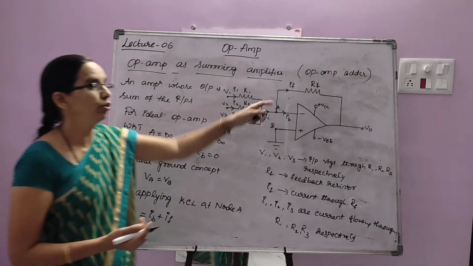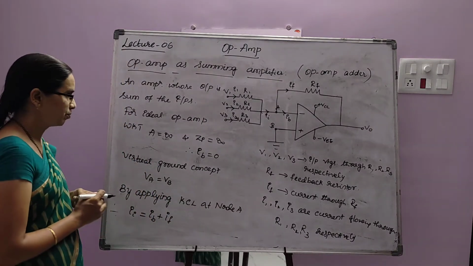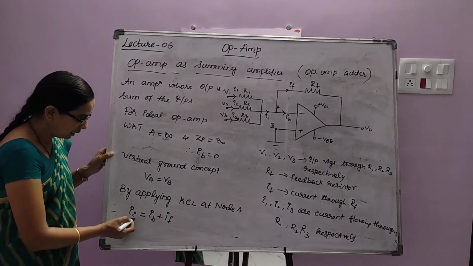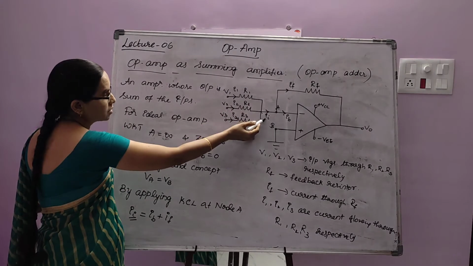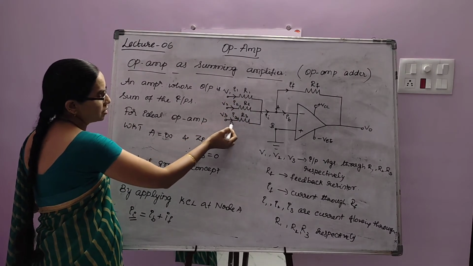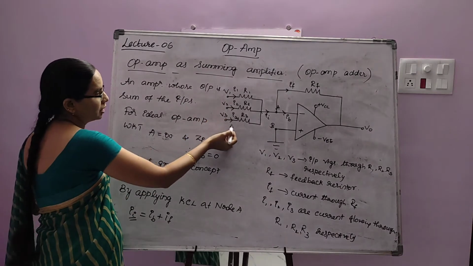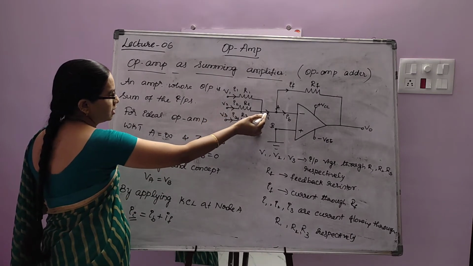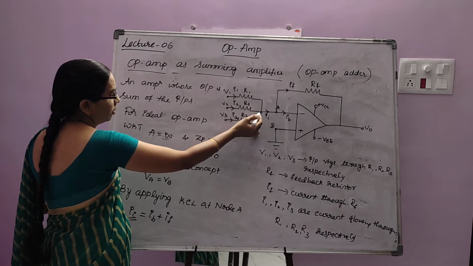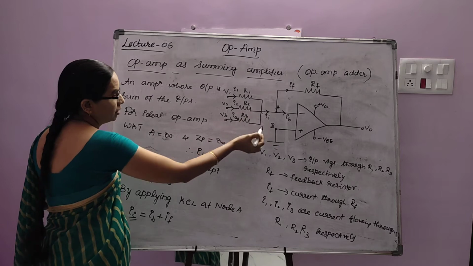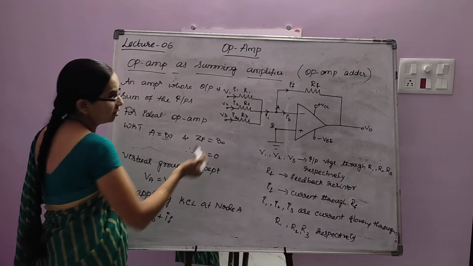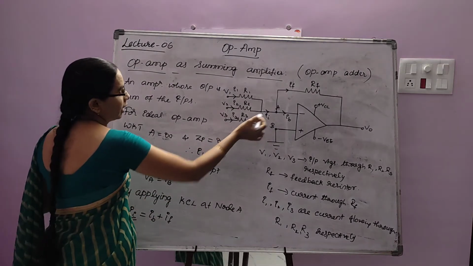IF is the current flowing through the feedback resistor. So I here will be the sum of I1 plus I2 plus I3. If you add all these three currents, I is the total current, where the branch currents I1, I2 and I3 are coming in, it is becoming a total current I.